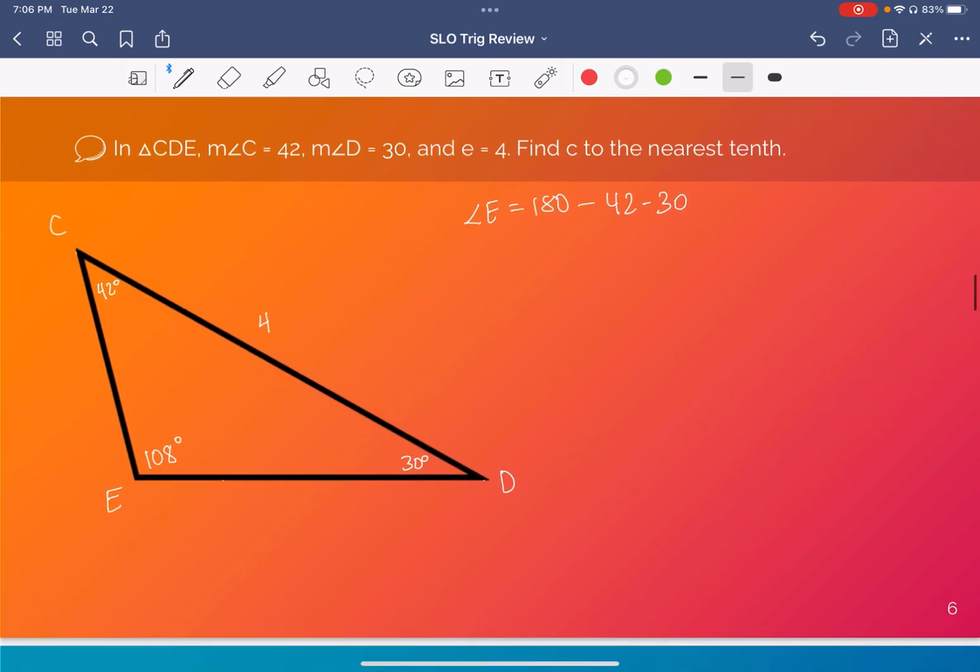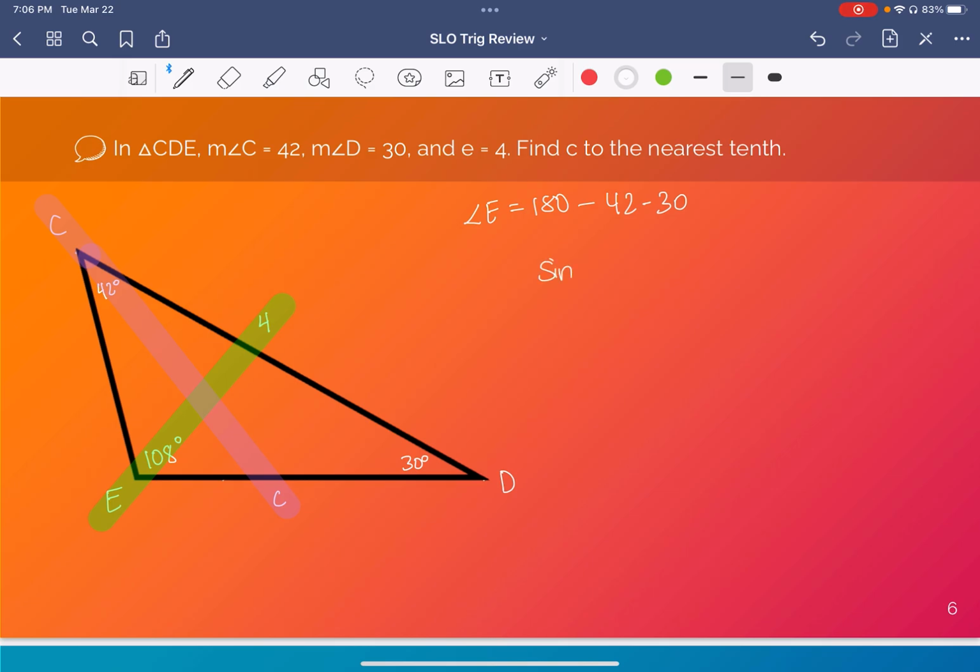Okay, so now notice that I have everything that I need. I have my angle and my side. And since we're solving for little c, it will be across from angle C. I'm going to make sure to include the angle or the other letter that I'm solving for. Since I'm solving for C, I'm going to make sure I include C in my formula.